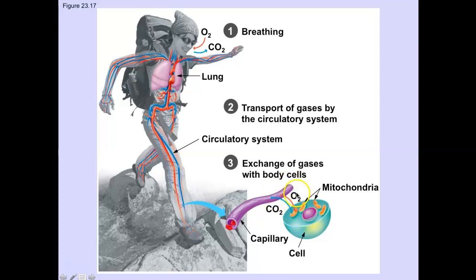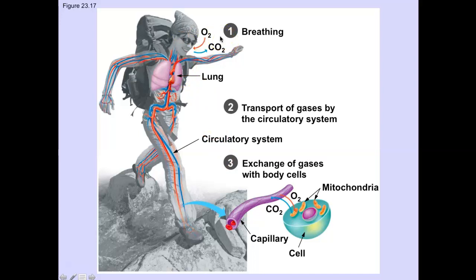And oxygen is used at the mitochondria to make ATP. Carbon dioxide is the waste product that mitochondria make, right? Remember the whole cellular respiration equation, the waste product is carbon dioxide. That will diffuse into the bloodstream. The blood will carry it back to the lungs. We can exhale that carbon dioxide.